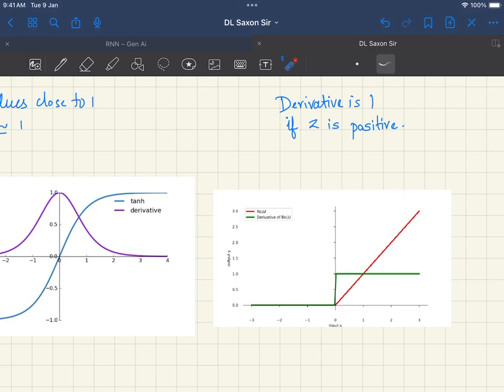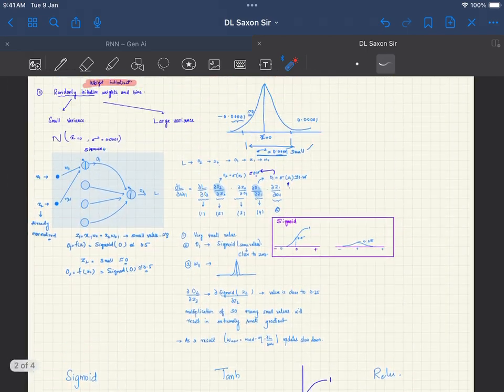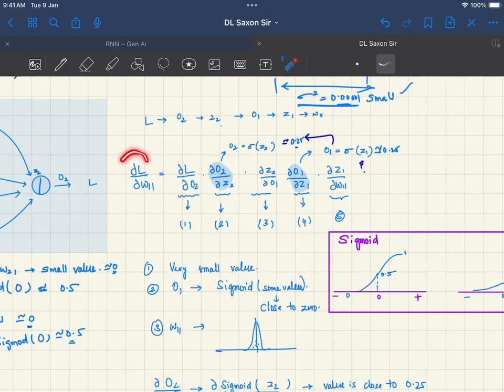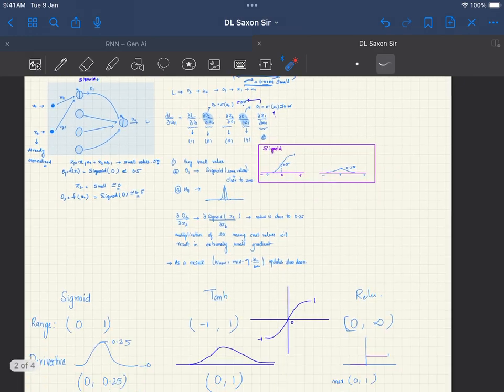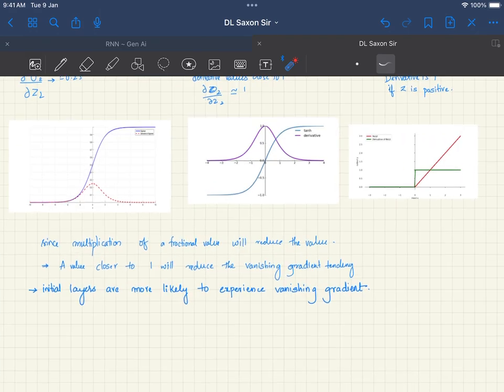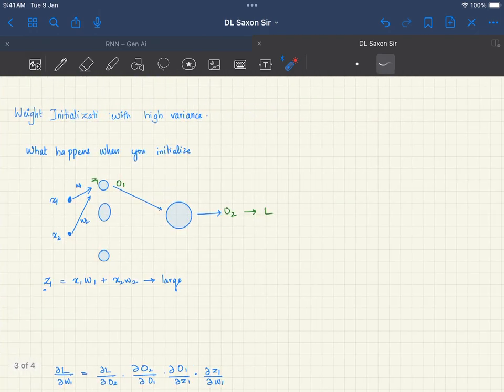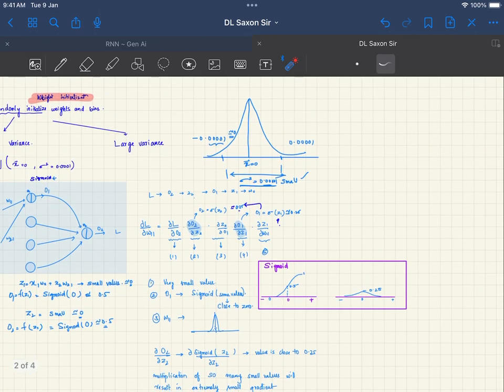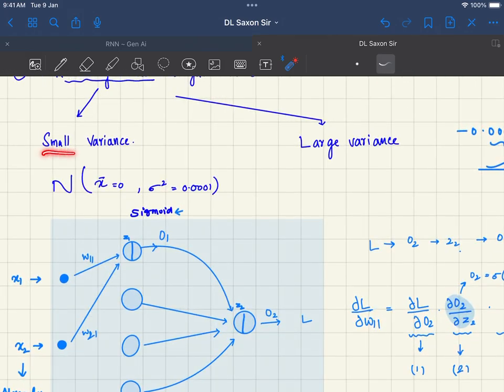But there is another issue called the dying ReLU issue, because if you get any value less than 0, the gradient is going to be 0, and this entire term is going to be equal to 0, and weights won't update. So this is vanishing gradient for you, and this is what happens when you use small variance.